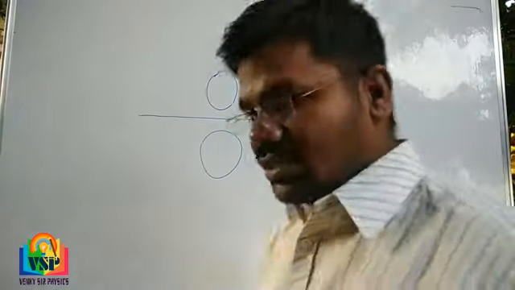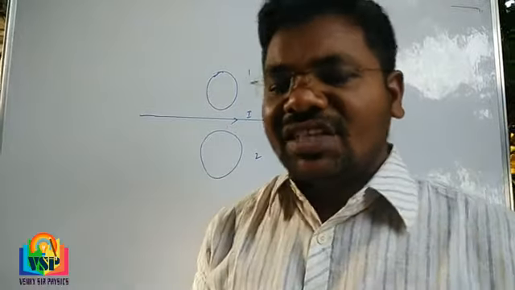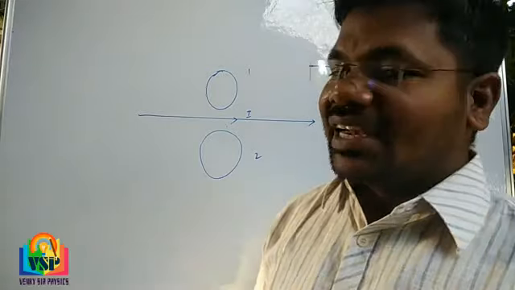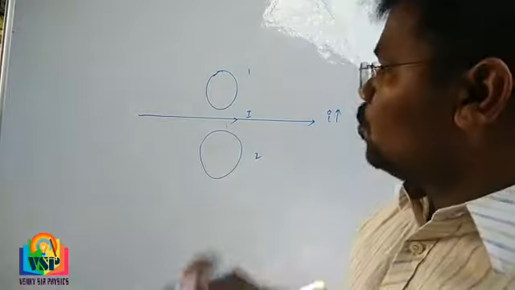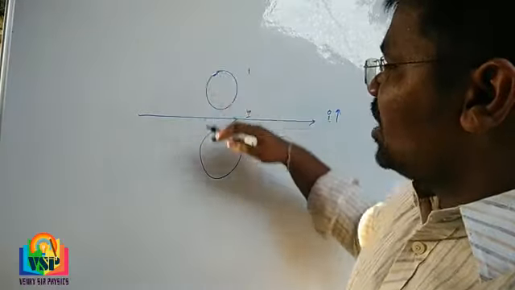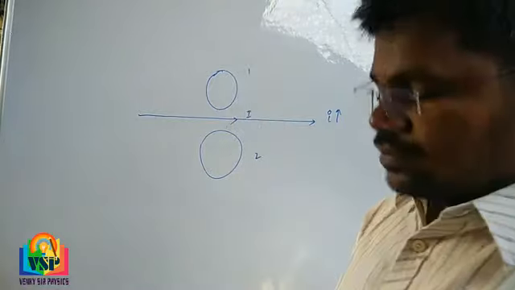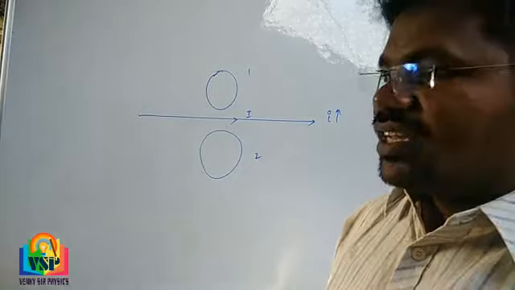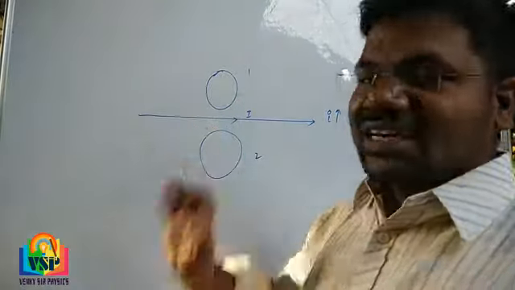The question is, what is the direction of the induced current in metal ring 1 and 2? See here how we can find the direction of the induced current in metallic ring 1 and ring 2. According to Oersted experiment, if current passes through the conductor, it produces a magnetic field.